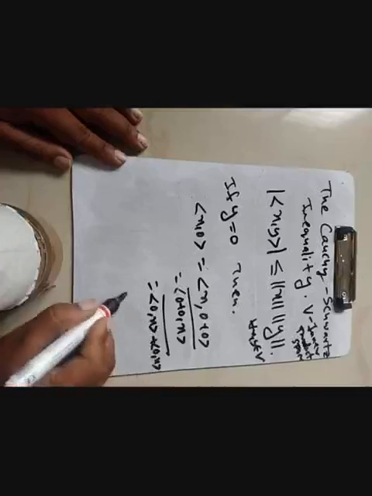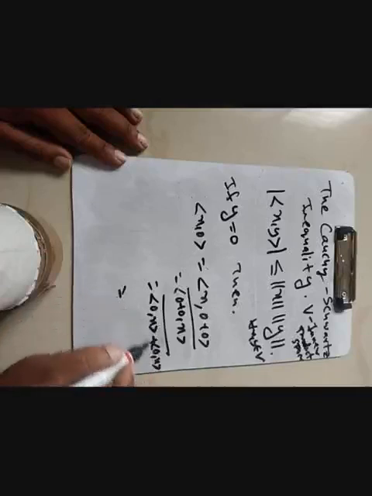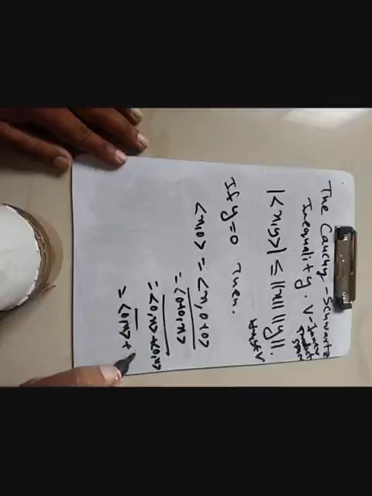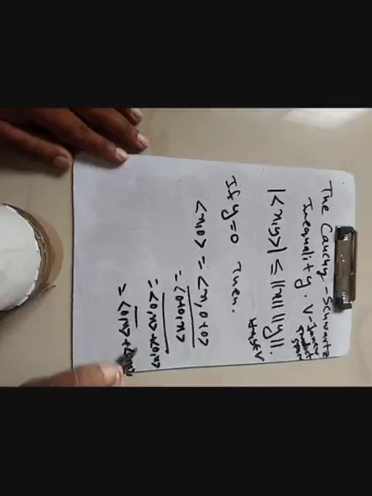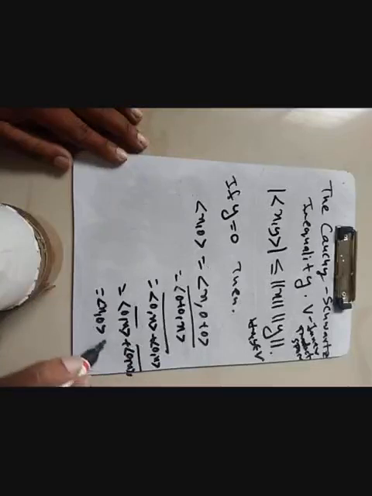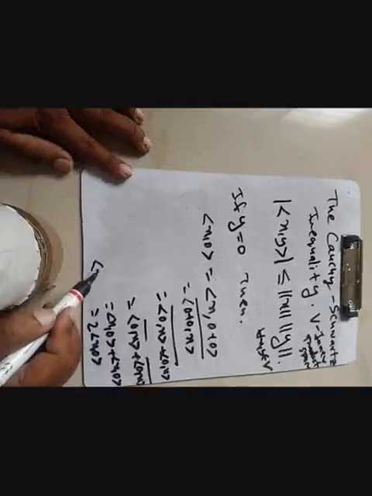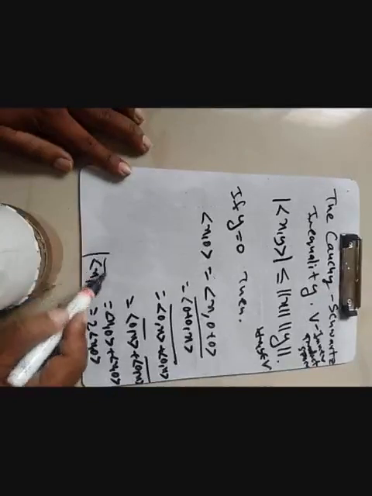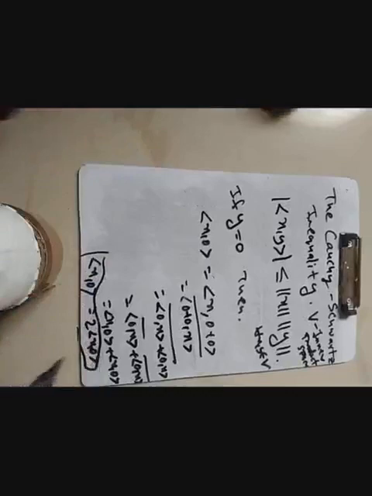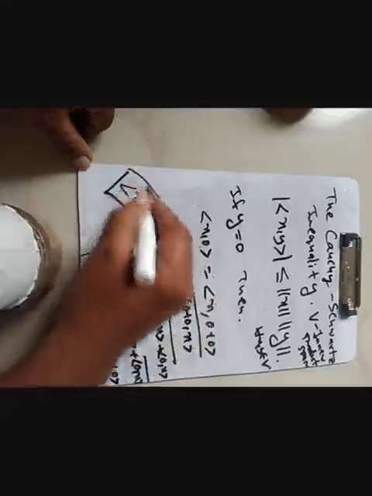Since the conjugate of z1 plus z2 is z1 bar plus z2 bar, this becomes x comma 0 plus x comma 0, which is nothing but 2 times the inner product of x with 0. So what do we have? From here we get that x comma 0 is the 0 of the field.